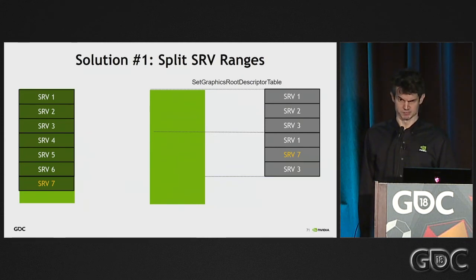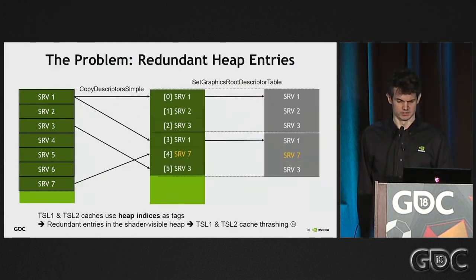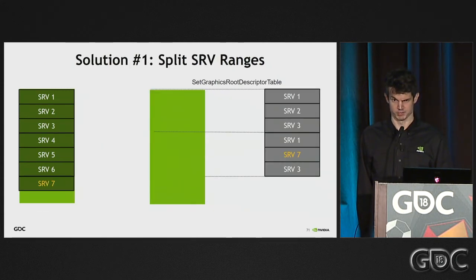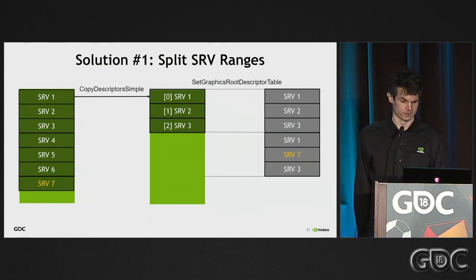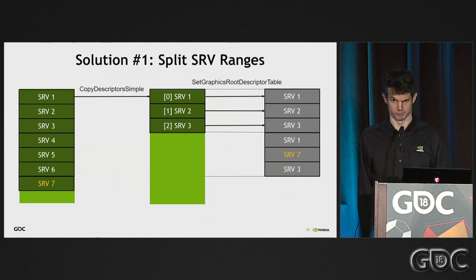The first solution to this problem is splitting the SRV ranges in the root descriptor. So instead of using one big one that contains the 3, you can split them into 1 entry tables. So you now have 3 tables per root signature. Once you have that set up, you can do the copy descriptor simple again to copy 3 of them at once. But now you need to bind them with 3 calls.